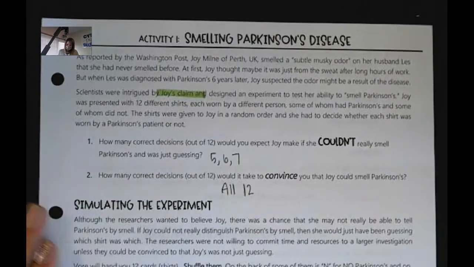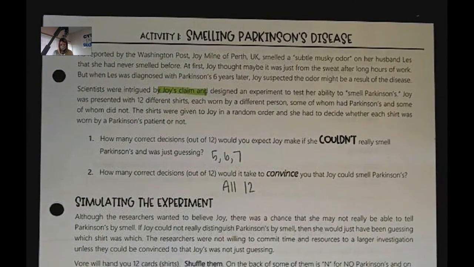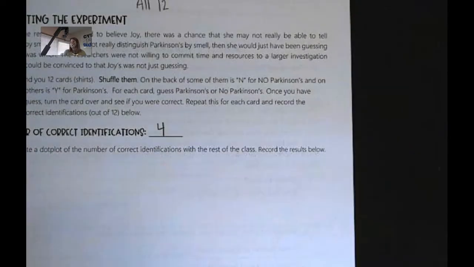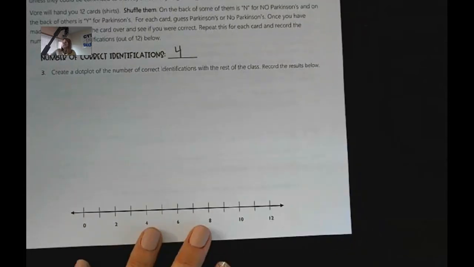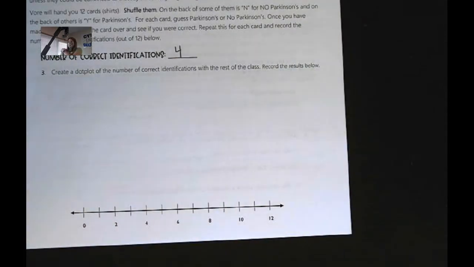The next step says create a dot plot of the number of correct identifications with the rest of the class and record the results. So hopefully you're familiar with a dot plot from last time's lesson. If this were a different year, you guys would make a dot plot on a big poster.